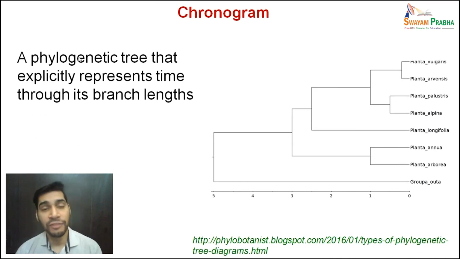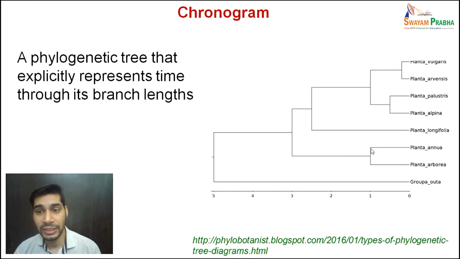Moving further, there is a type which is called chronogram. Chronogram is a phylogenetic tree that explicitly represents time through its branch length. So here it is not the random length of the branch, but the length of each branch represents time. If this is the recent time, the present time, it is being represented by a 0.